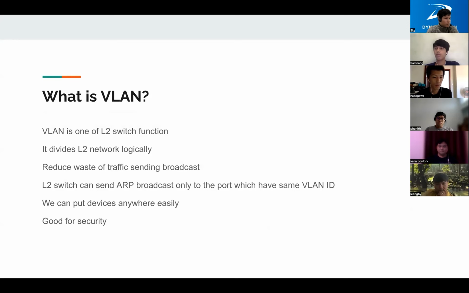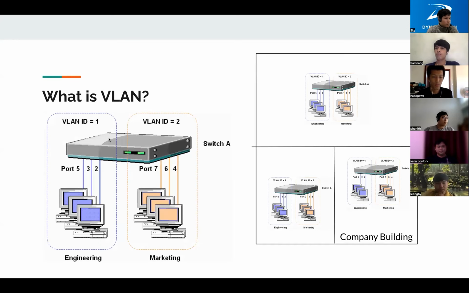Another merit is we can put an L2 switch device anywhere in the company building, another room, another floor. If we put devices on another floor, we divide the network using VLAN into an engineering department and a marketing department.